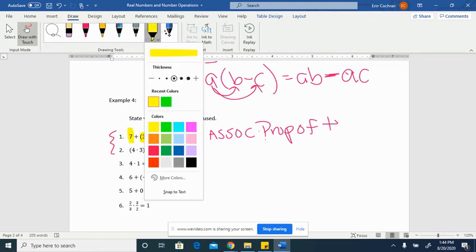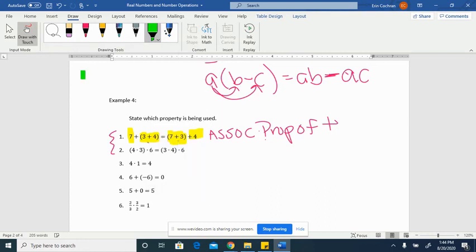Okay. All right, the next one here. Now we have 3 numbers again, and so we're going to look at associative or commutative. Now let's look at this. We're going to take 4 times 3, then times 6. Then we're going to take 3 times 4, then times 6. So in this case, the 6 is still the last thing we multiply. That's not changing.